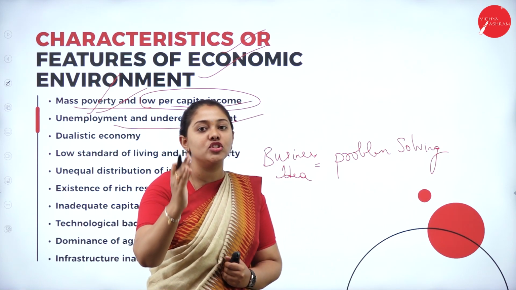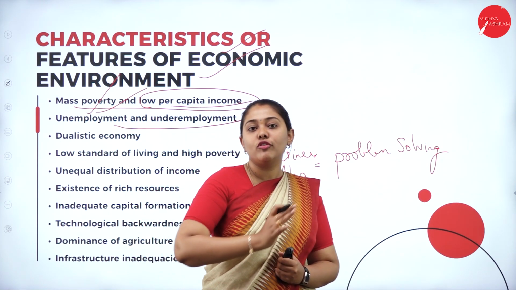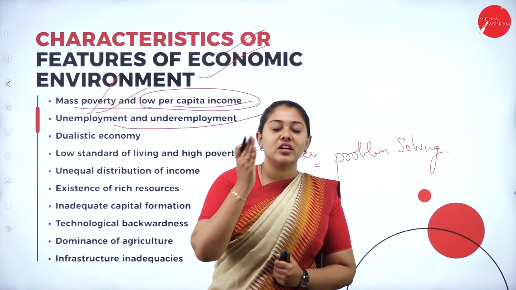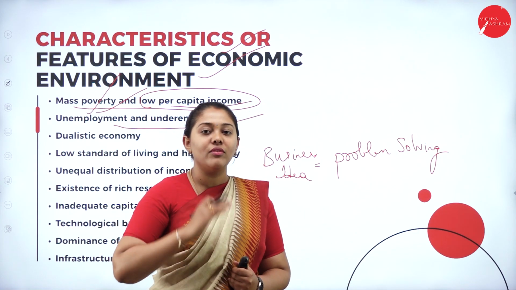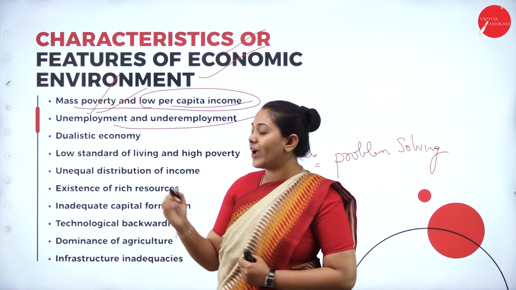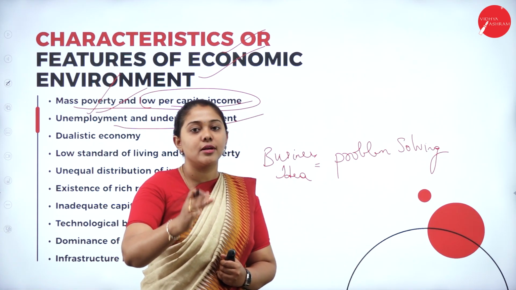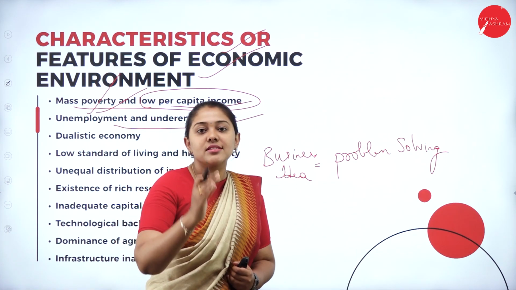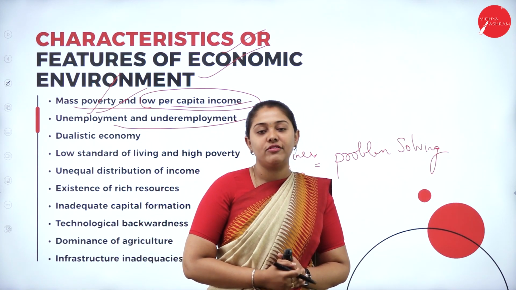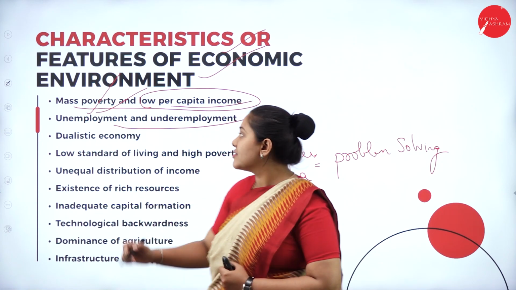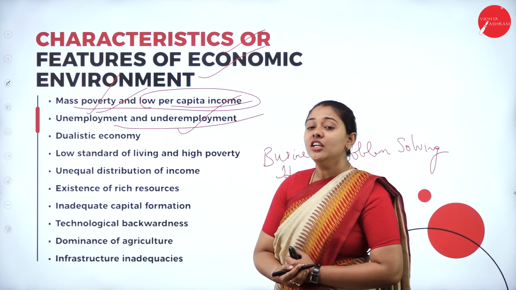For example, an engineer working in a call center, working in a smaller job than his skill. So underemployment is a situation where the employee is placed in a low skilled job than his educational level, than his skill level. That is a situation we are facing in our country.